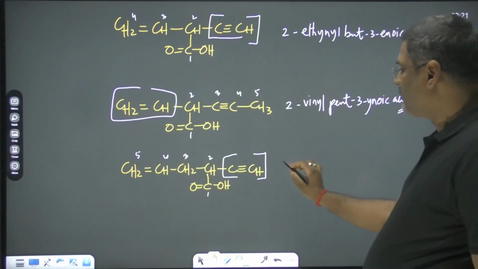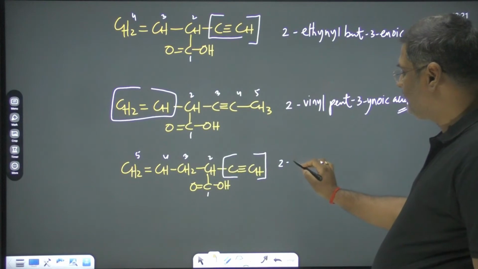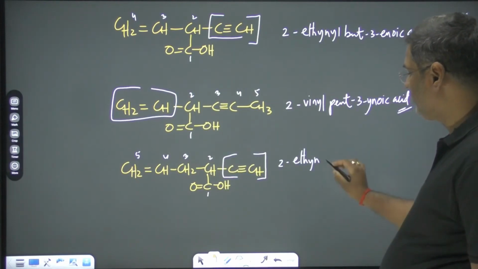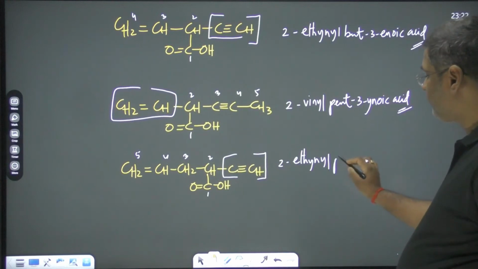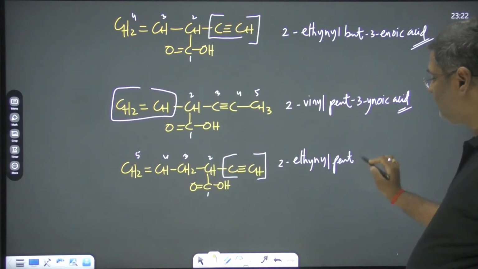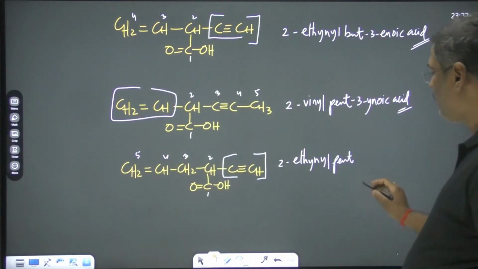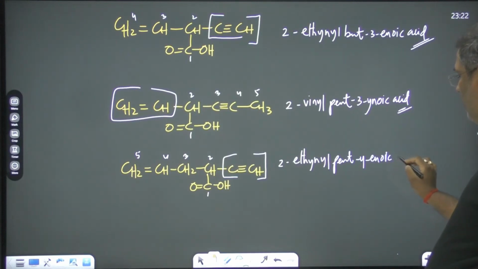So you will say this one now 2-ethynyl, substituent, 5 carbon atoms, pent. Now double bond on the 4th position, 4-en, oic acid.